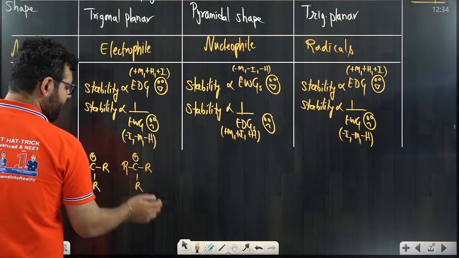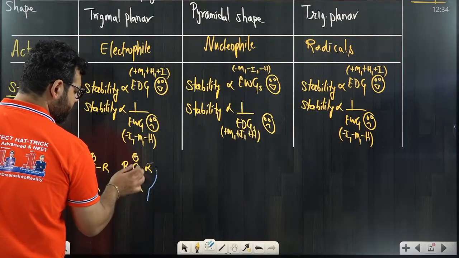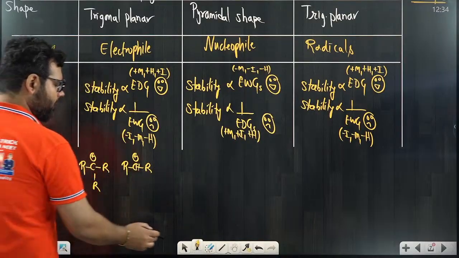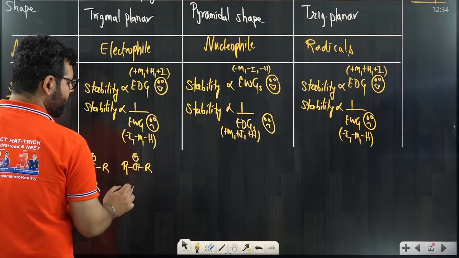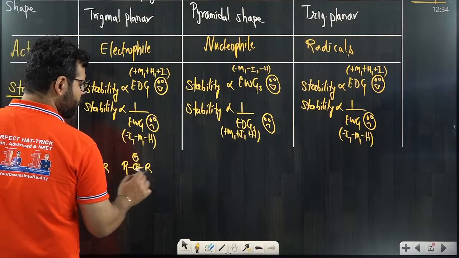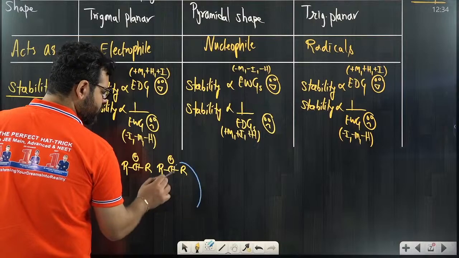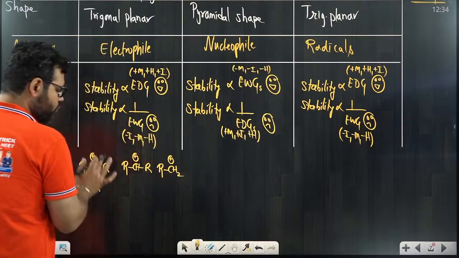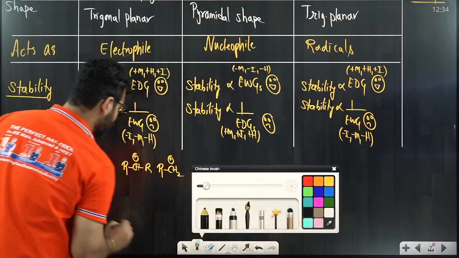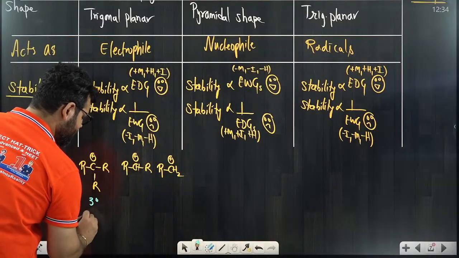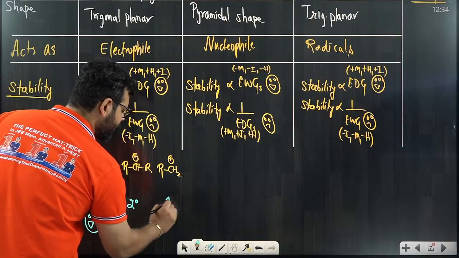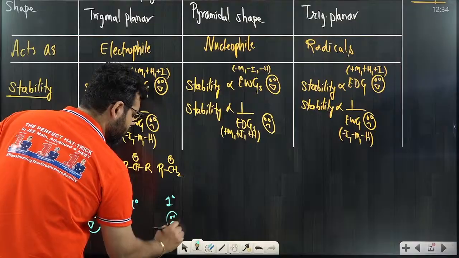When it is attached to only 2, it is not that happy. With only 1, it is not at all a good carbocation. So a tertiary carbocation is very happy as compared to a secondary, and a primary carbocation is not at all good.